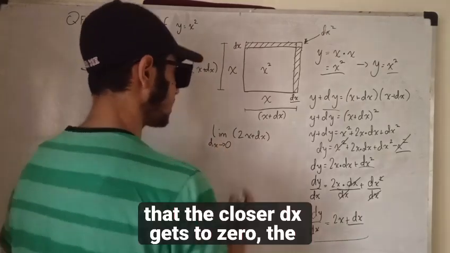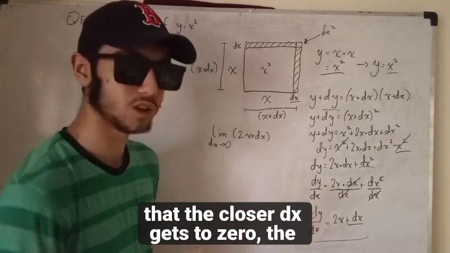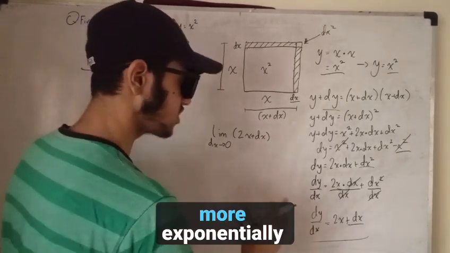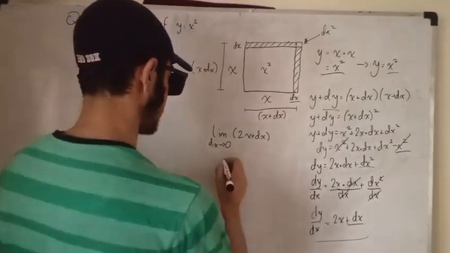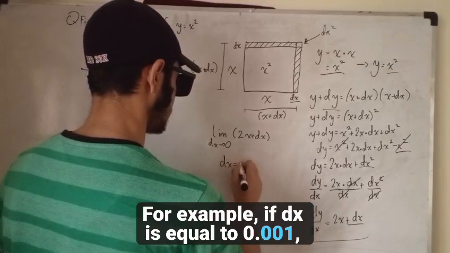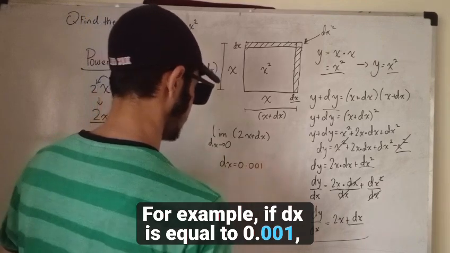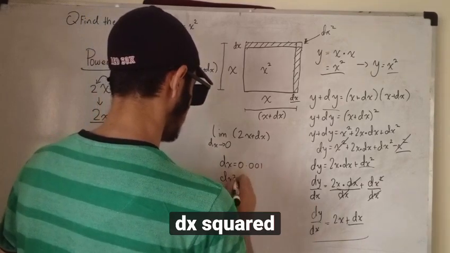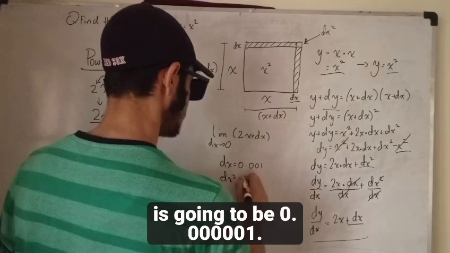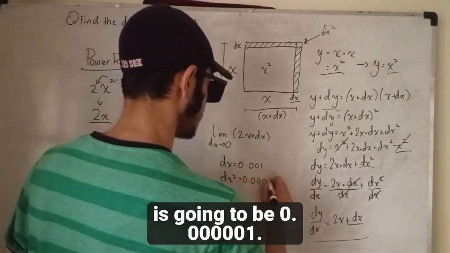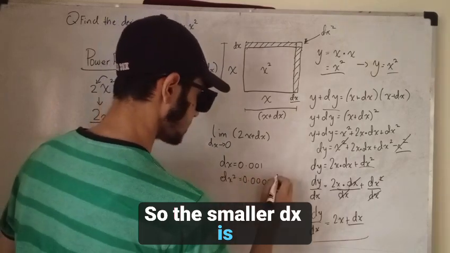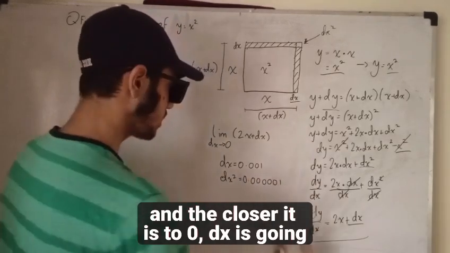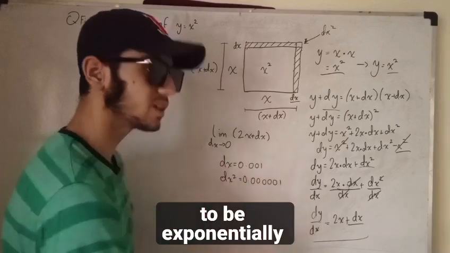this means that the closer dx gets to 0, the exponentially smaller dx squared gets. For example, if dx is equal to 0.001, dx squared is going to be 0.000001. So the closer dx is to 0, the exponentially smaller dx squared is.